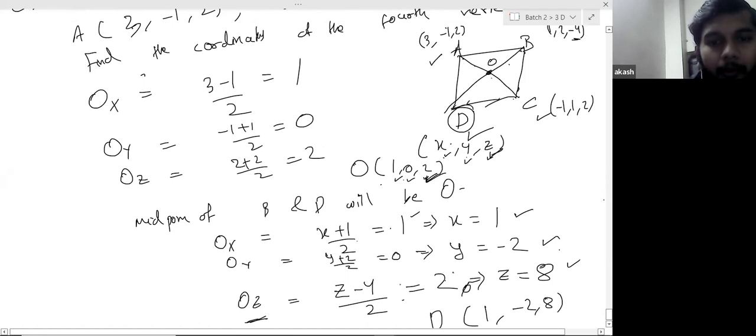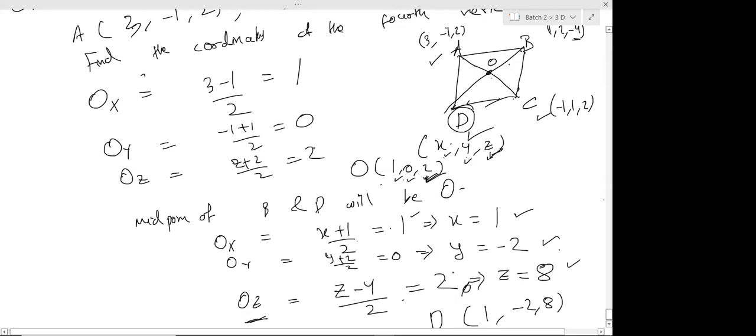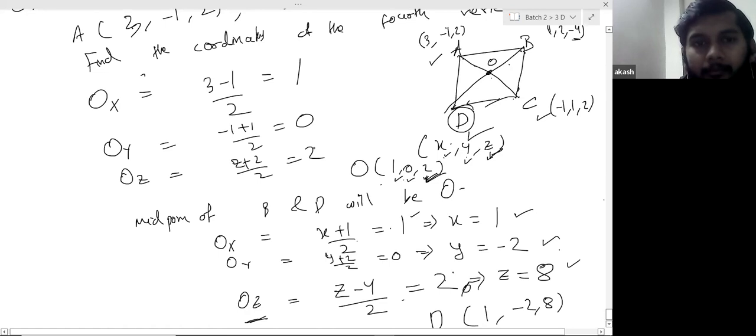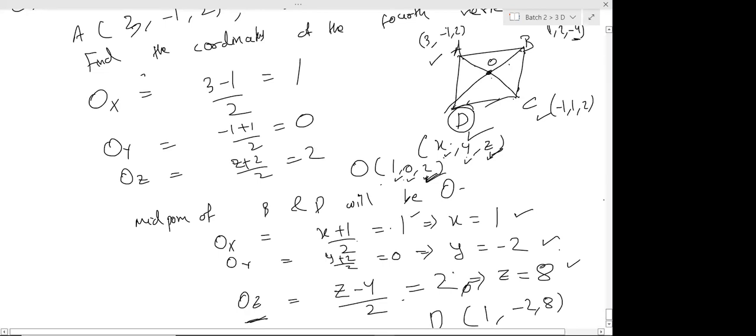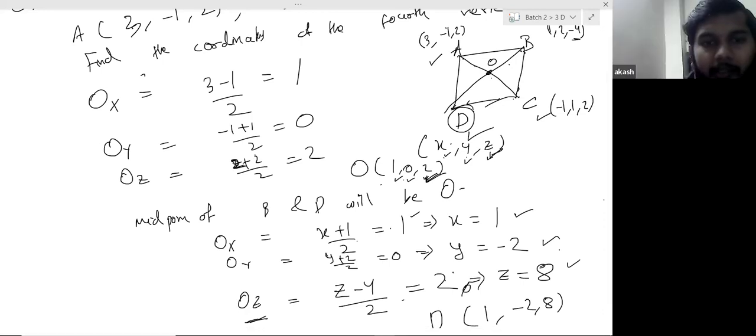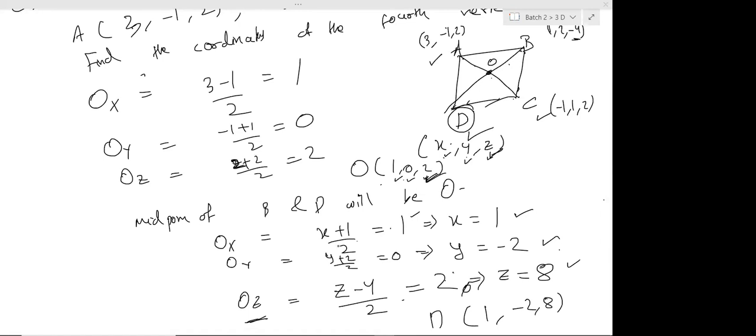So 2 into 2, 4, plus 4, 8. All right, this is z plus 2 by 2. Clear, Rahman? Yes, sir. All right. Peer, Alvia, Mazia, is it clear?